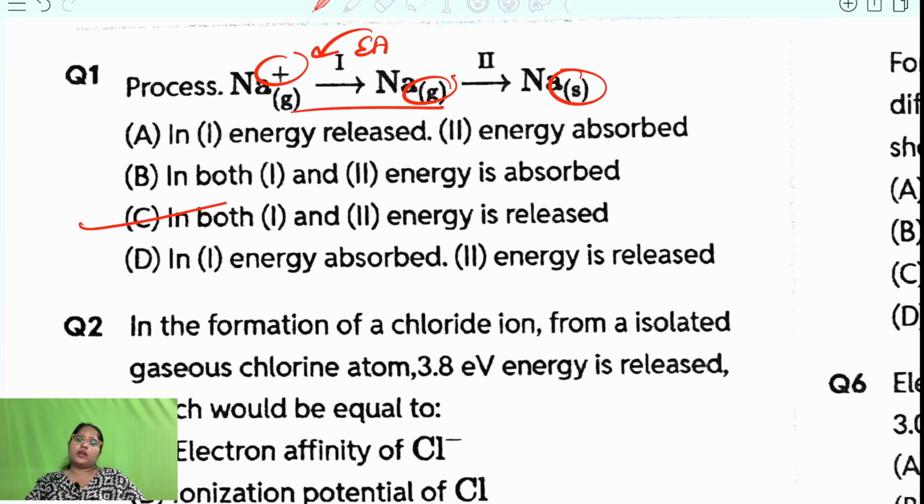First, electron affinity is exothermic, energy will be released. Gas atoms are far apart, so energy will be less, and when going to solid, lattice energy is very less. If energy is less, we have to release energy, then only the energy of the solid will become less. So gas to solid, energy released.